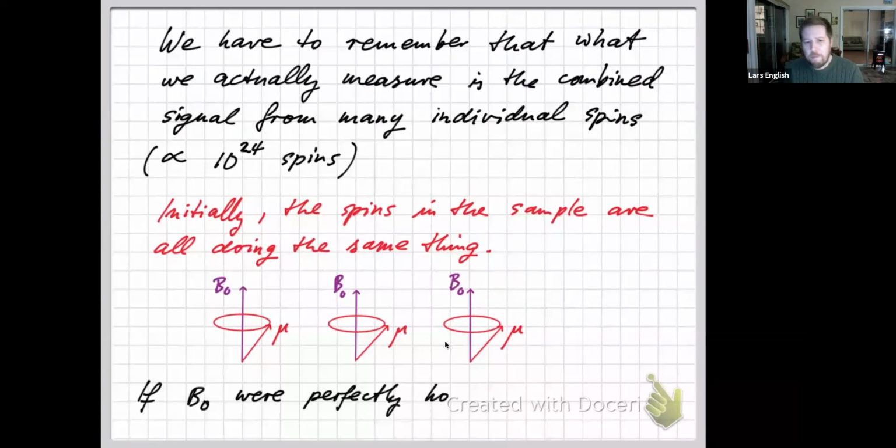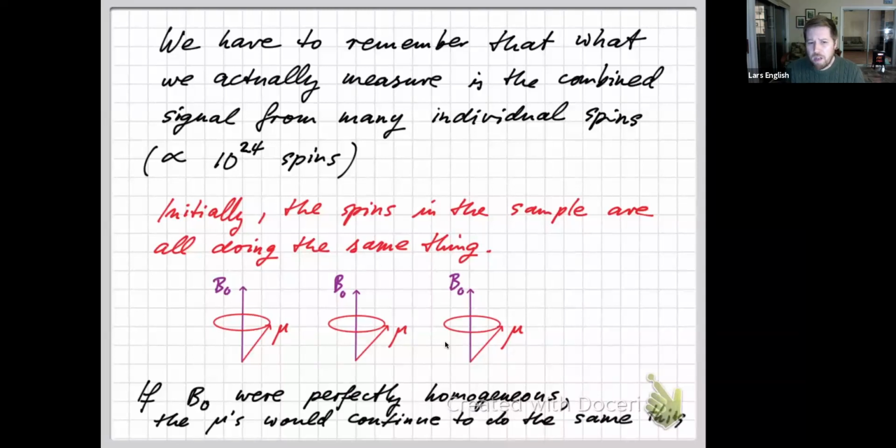Now, if B naught were perfectly homogeneous, then these mu's would just continue to do the same thing. There wouldn't be any reason for these mu's to ever do anything different. And so if we had a perfectly homogeneous magnetic field, we should actually then expect an induction signal that wouldn't decay.